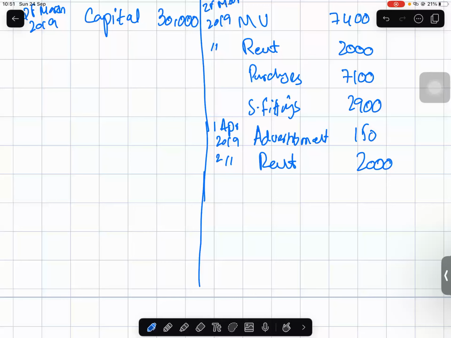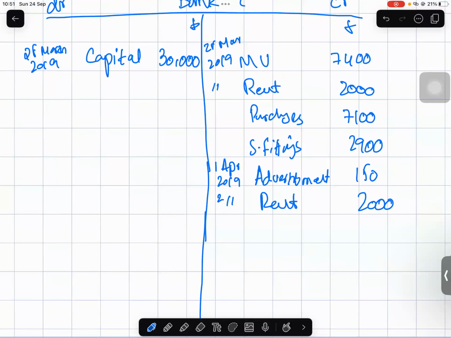The transaction would be bank account debit, cash account credit, and the posting in the account would be on the debit side of the bank, 600 in cash on 7th April 2019. Are we clear so far, Emily?